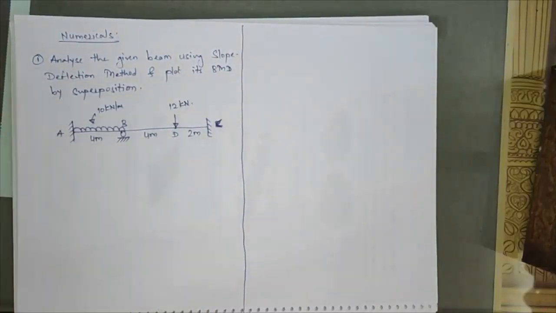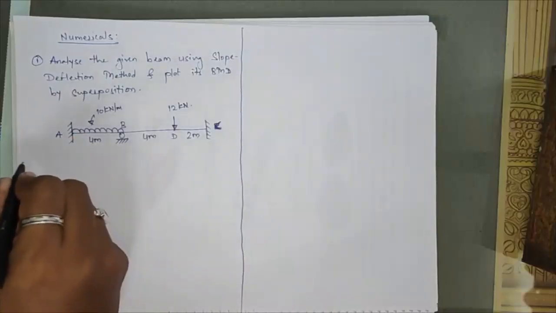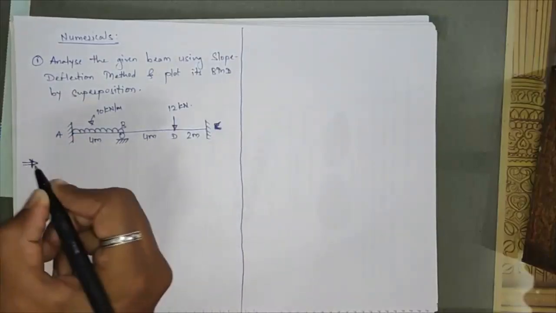Joints A and C are fixed, while at joint B there is a roller support. So you have to analyze this beam using the slope deflection method.